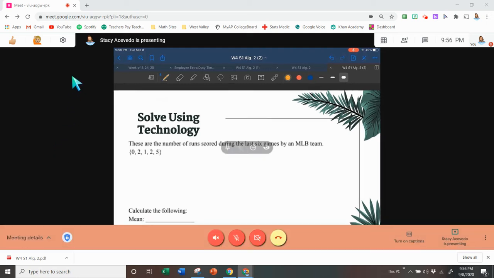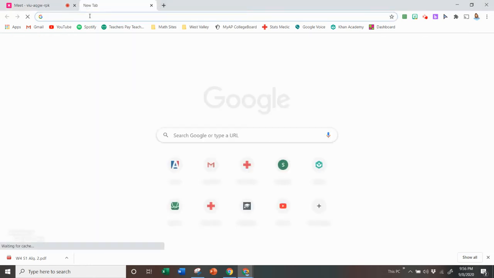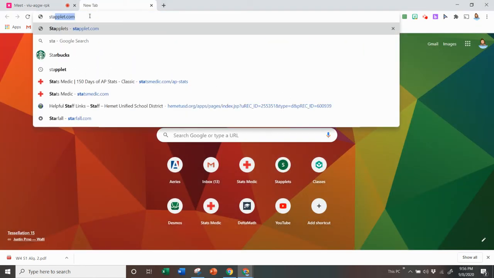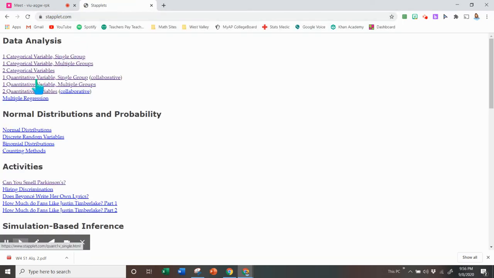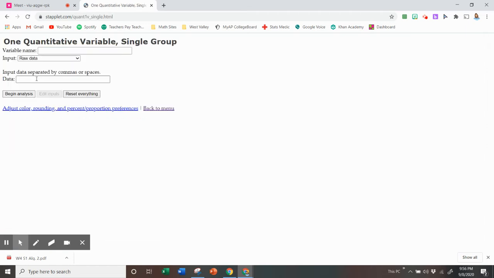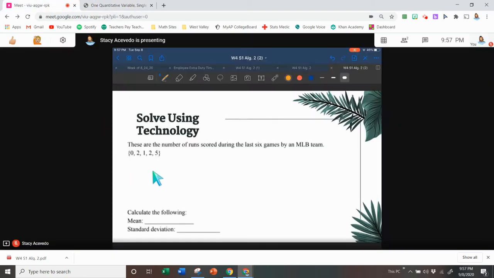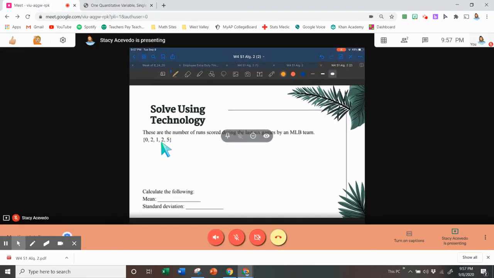So instead of calculating this by hand, we can go to Statlet.com, click on one quantitative variable, single group, and where it says data, we can enter in 0, 2, 1, 2, and 5. Remember, I got those numbers from here.